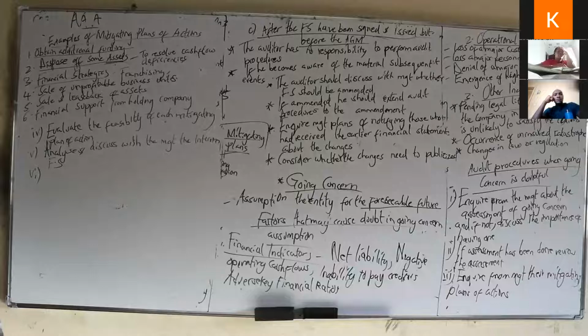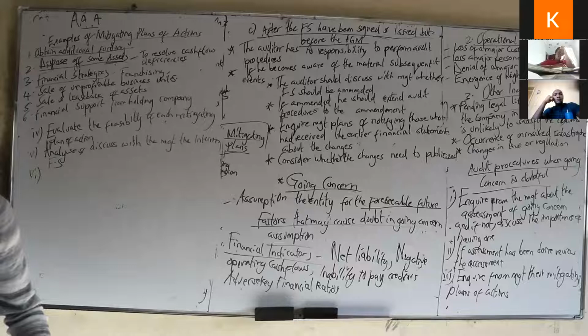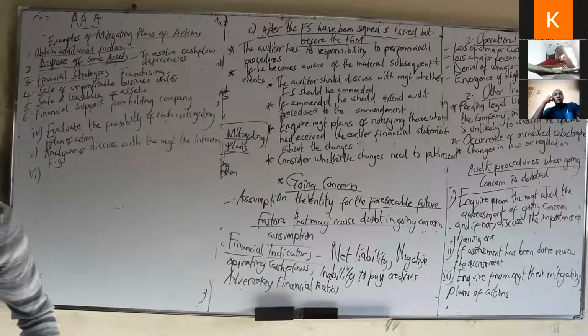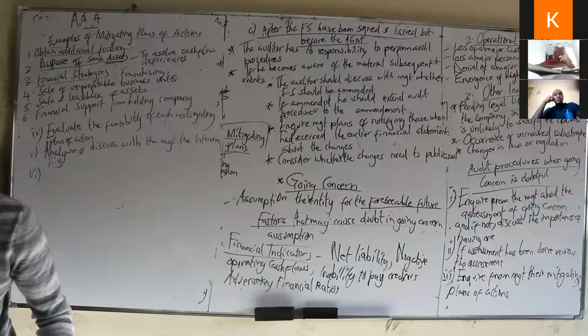The support letters, in other words, are the assurance that the holding company will come to the aid of the subsidiary in any case of financial distress. So those are some of the procedures that the auditor undertakes in reviewing the going concern of a company.